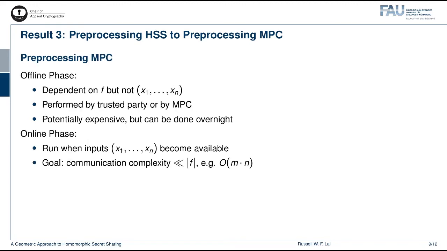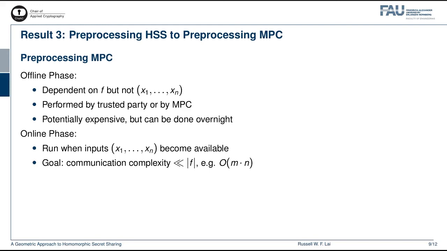Next, let me recall the notion of preprocessing MPC. A preprocessing MPC protocol consists of two phases, an offline phase and an online phase. The offline phase is dependent on the function f to be computed, but not on the inputs x1 up to xn. This phase can be performed by a trusted party or by another MPC protocol.